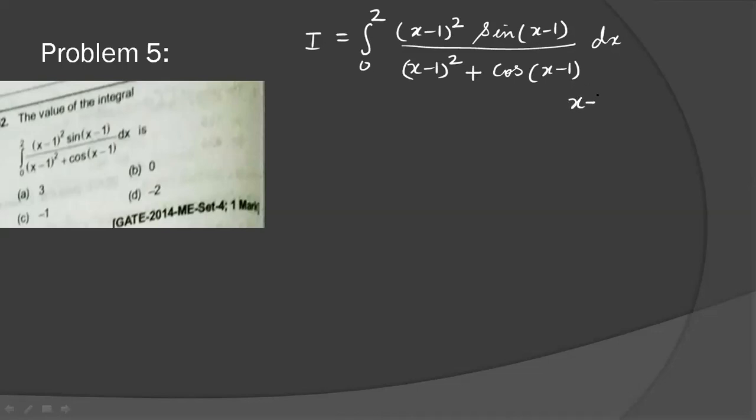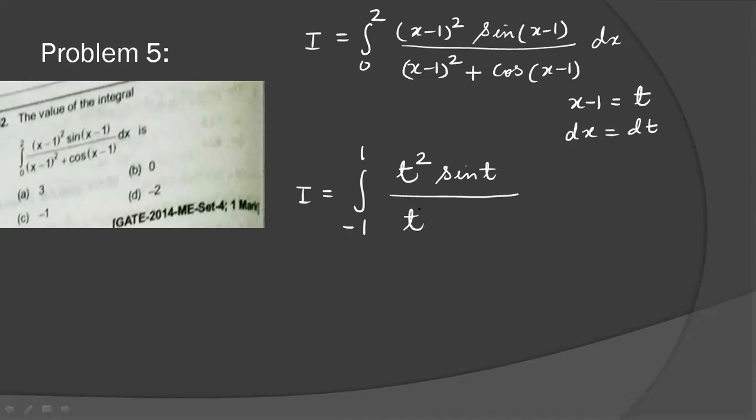Now if we suppose x minus 1 equal to t, it will give you the question in a very good form. Why? dx equals dt, there is no change, but the limit is going to change. When x is equal to 2, the upper limit will go to 1. When x equals 0, the lower limit will be minus 1. So it will be t square sine t over t square plus cos t dt.